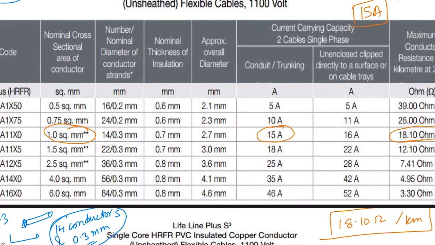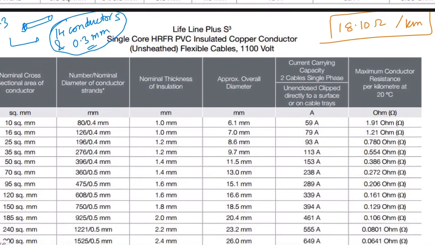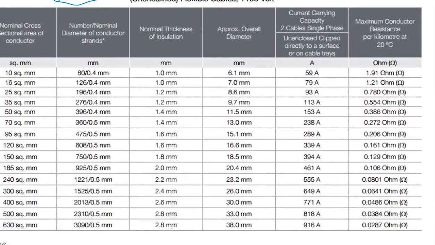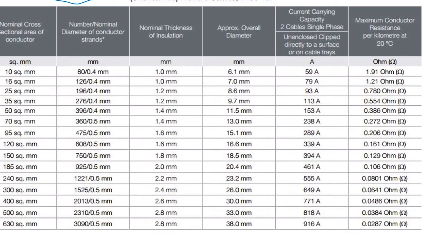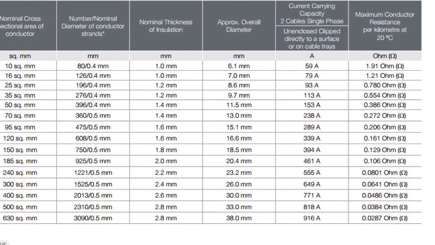So you don't need to remember all of this, but it's always good to know. You should know what these stand for, but it's not necessary to remember all of these values. And similarly, this is the table for thicker wires. As you see, the current rating of these wires goes up as the diameter of the conductors increases.